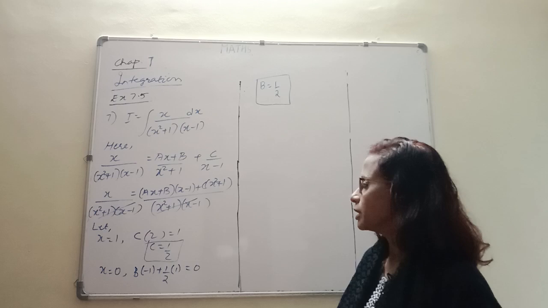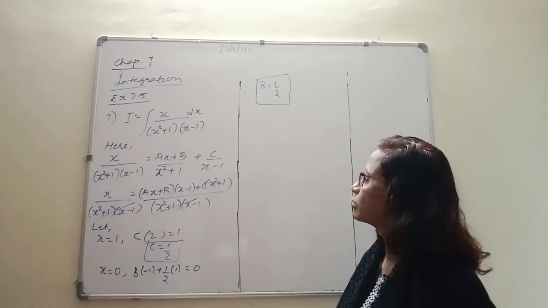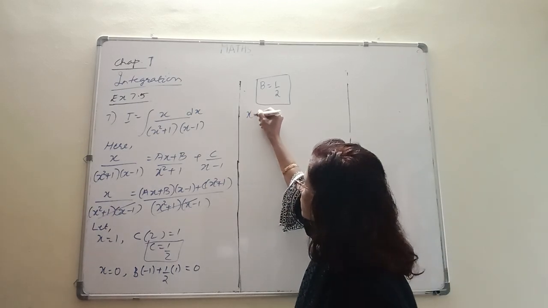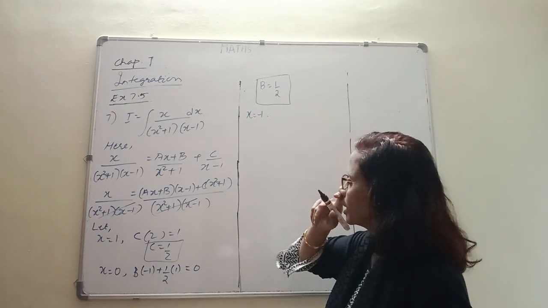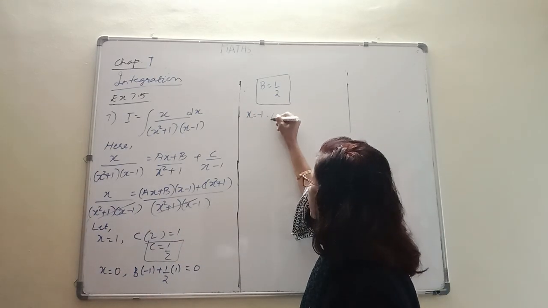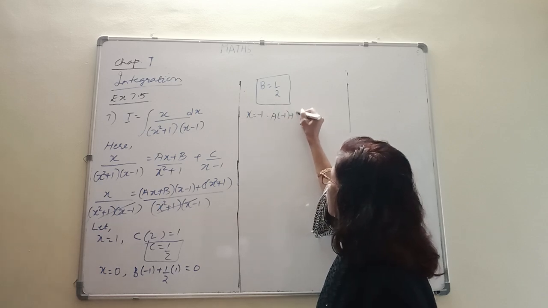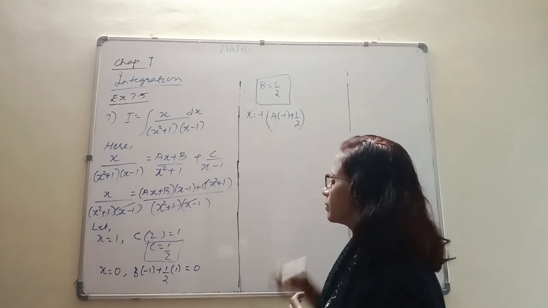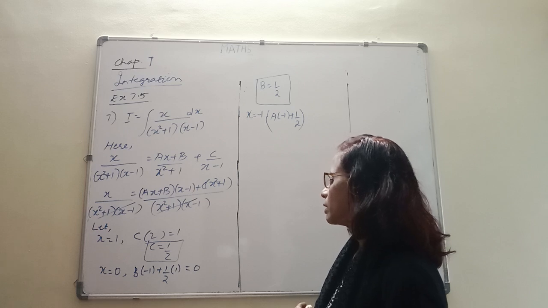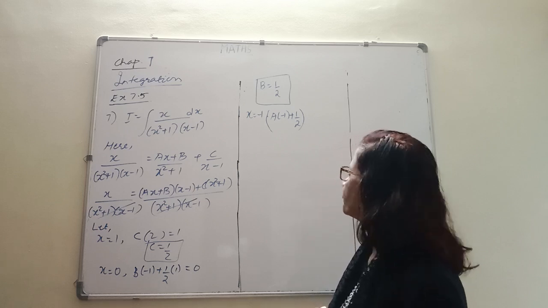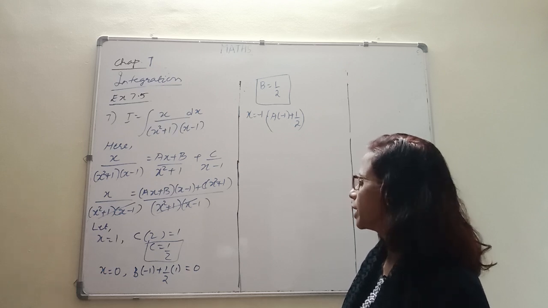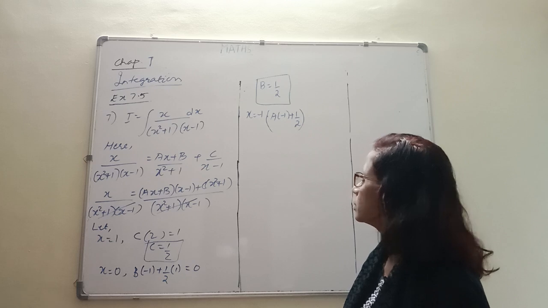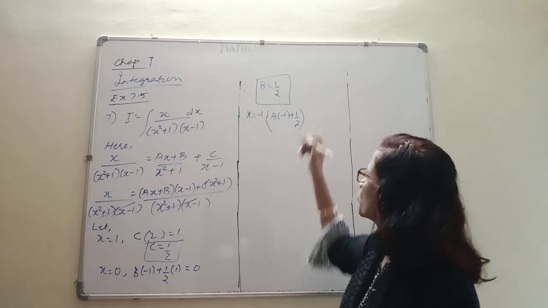After that, let's move on to getting the a value, and for that let's take x as negative 1. Check what will happen. If x is negative 1, then for a we have a times negative 1. For b we have half, times negative 1 minus 1, which is negative 2.